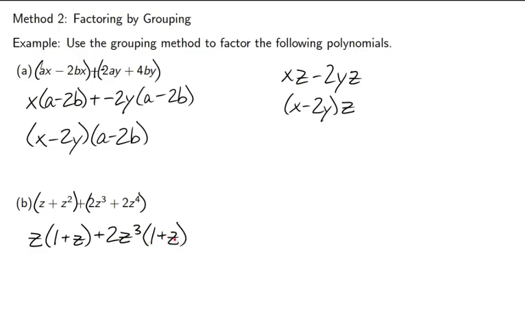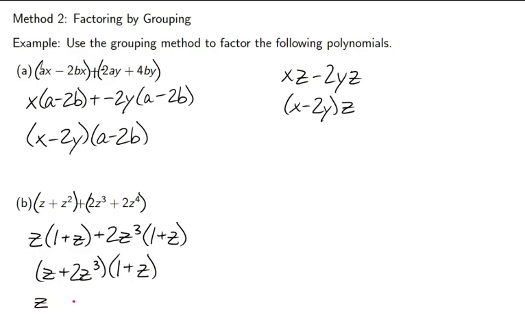So, since these two numbers match, we are exactly where we want to be. I get z plus 2z cubed times 1 plus z. Now, this would be kind of nice, but there's actually a tiny bit more that we can do. If we want to factor completely, you'll notice one of my factors still has a z in it.